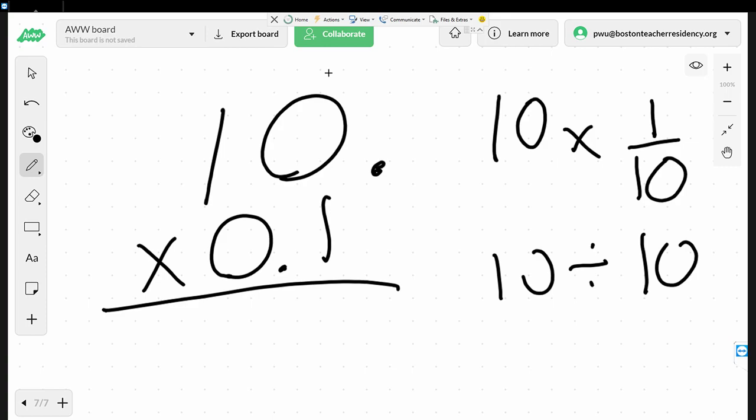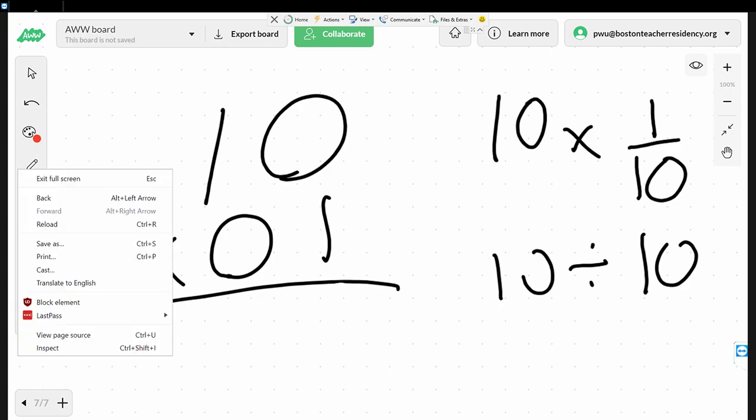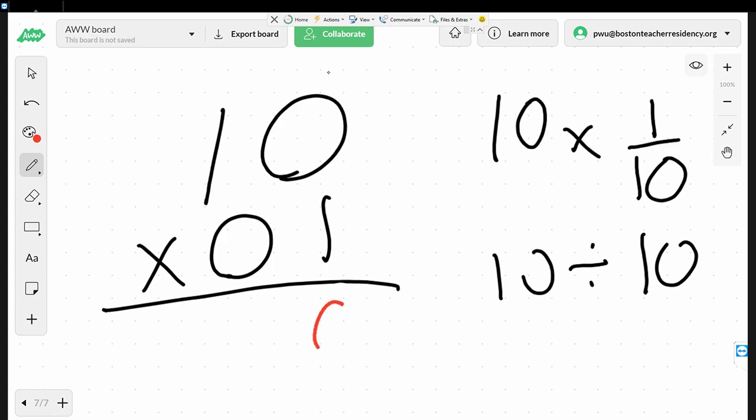But we also want to use normal multiplication just like we always do. So what I'm going to do is multiply this out, pretending I don't have any decimals in my problem. I'm just going to erase them, actually. So we can pretend there's nothing there. So 1 times 0 gives us 0. 1 times 1 gives us 1.